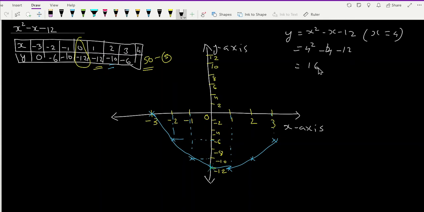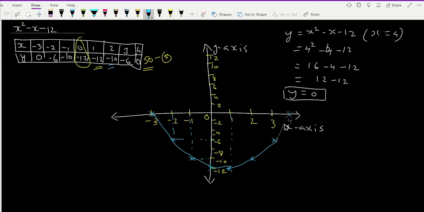So 16 minus 4 minus 12. 16 minus 4 is 12. So 12 minus 12 is 0. So I am getting y is equal to 0 for the value of 4. So what I will do, I will take this 4 here. So this is our 4. For 4 I am getting the value of 0.